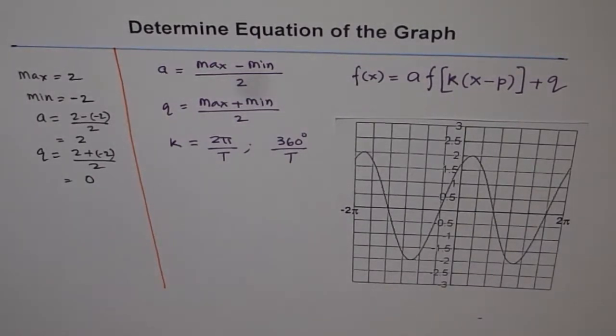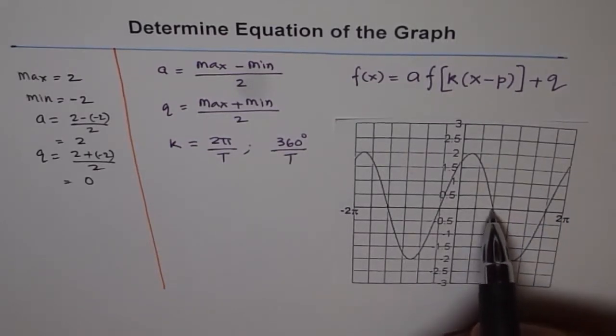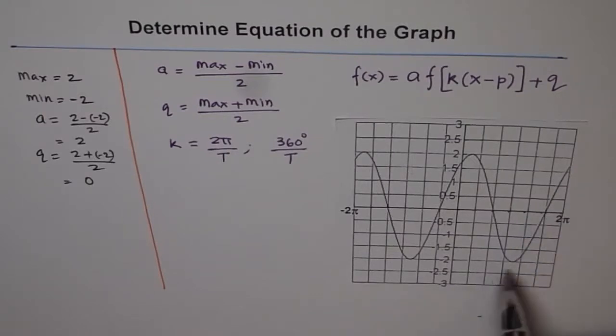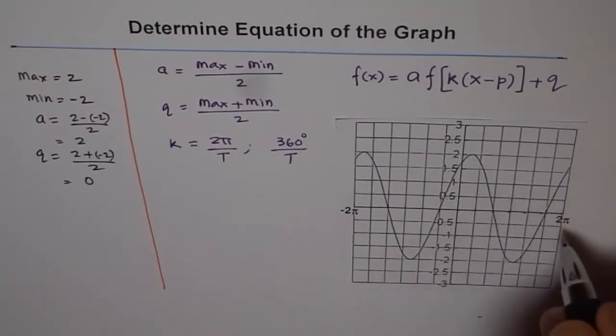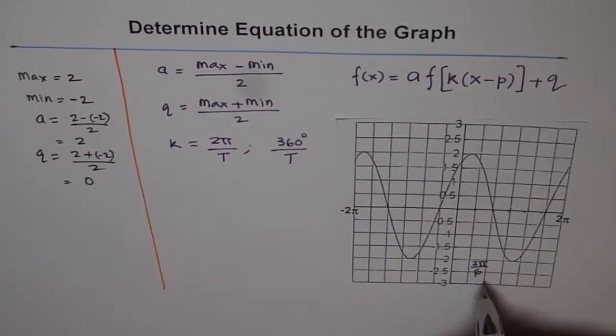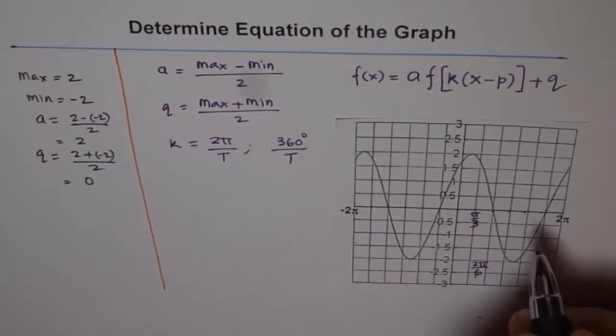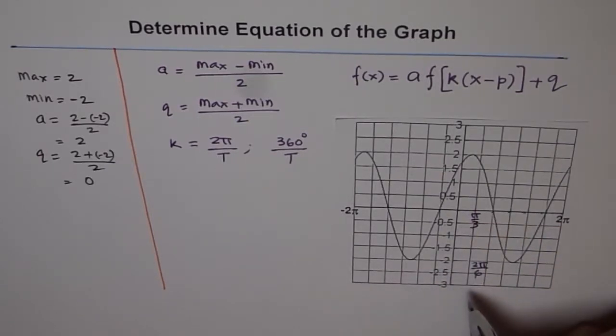Now what is the time period? To find the time period, we should figure out the scale. Now we have 1, 2, 3, 4, 5, 6 divisions out of 2 pi. So each division is 2 pi by 6, or pi by 3. So each division is pi by 3 for us, correct? So that is the scale.